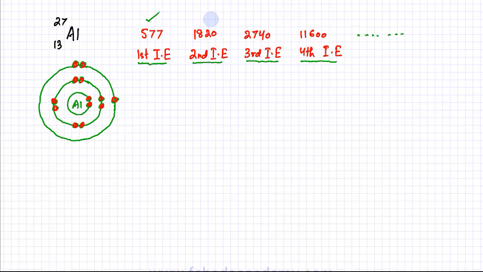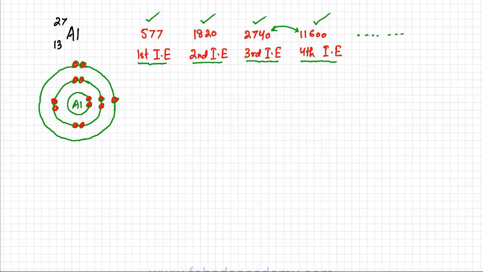For the second electron, there's a slight increase in ionization energy because the positive charge on the ion is increasing. Removing the third electron is also slightly higher. But when you try to remove the fourth electron, there's a drastic jump in ionization energy. It jumps to 11,600.